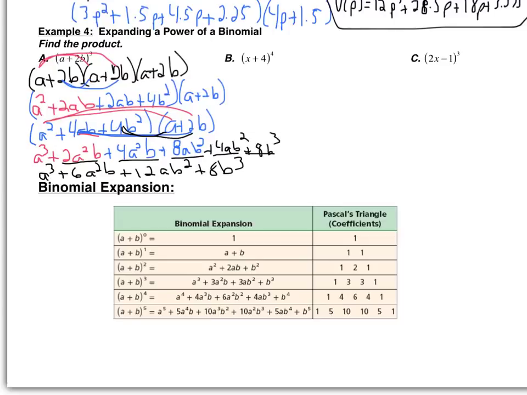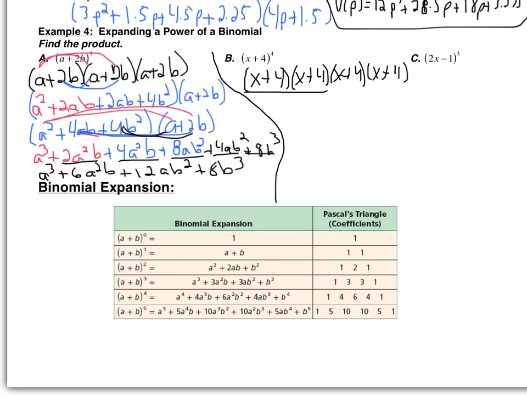If we look at part B, we have x plus 4 to the fourth, which means we have x plus 4 times x plus 4 times x plus 4 times x plus 4. So we'll multiply the first two together. So we'll FOIL, so x times x, that's first, so we have x squared.